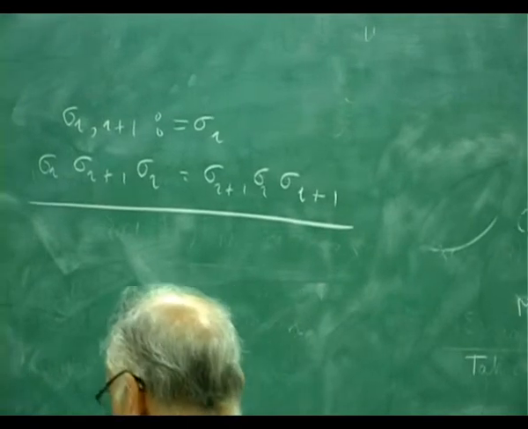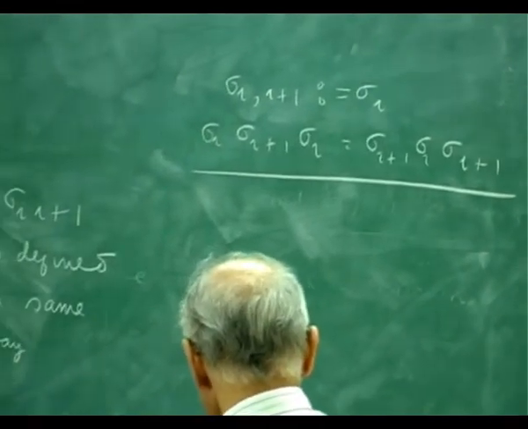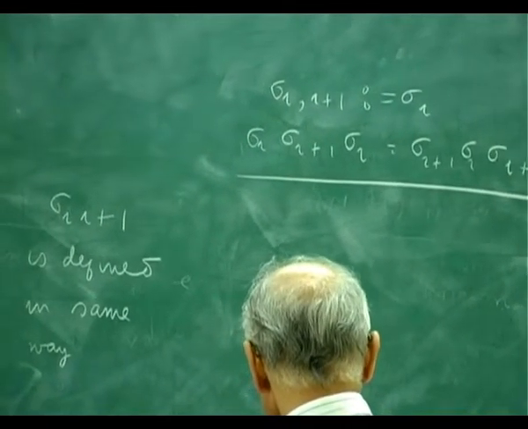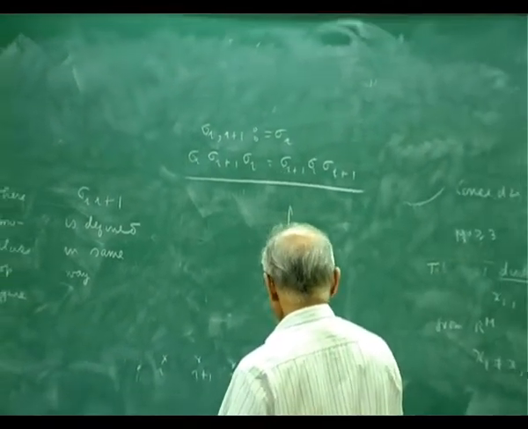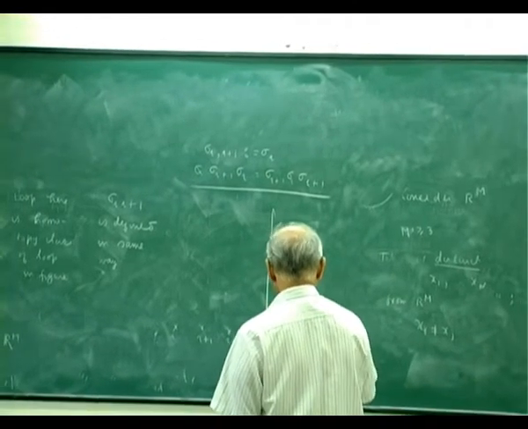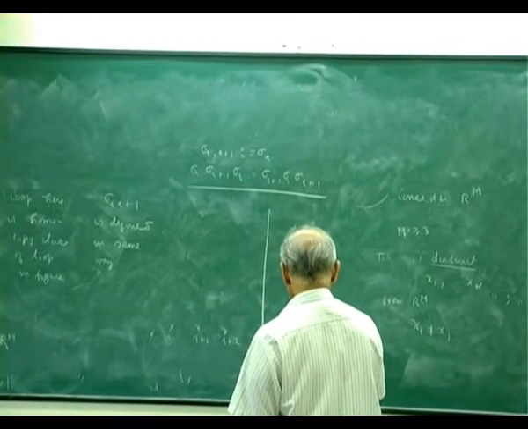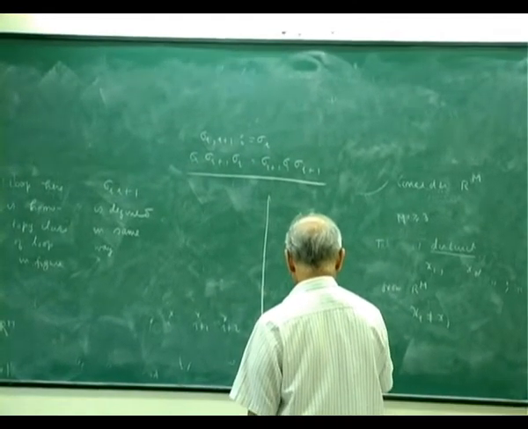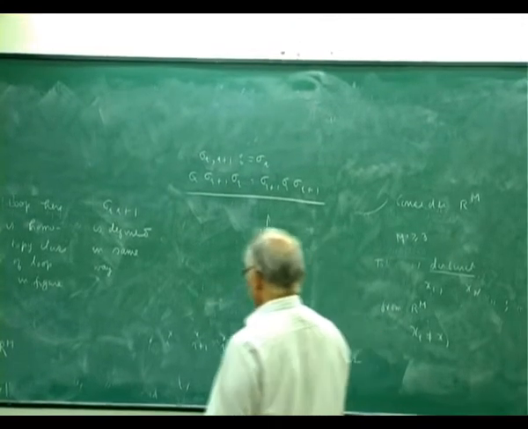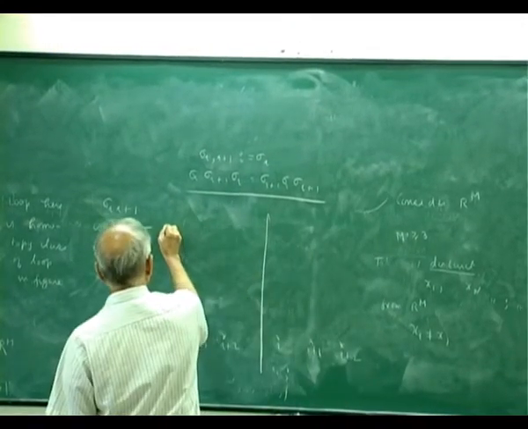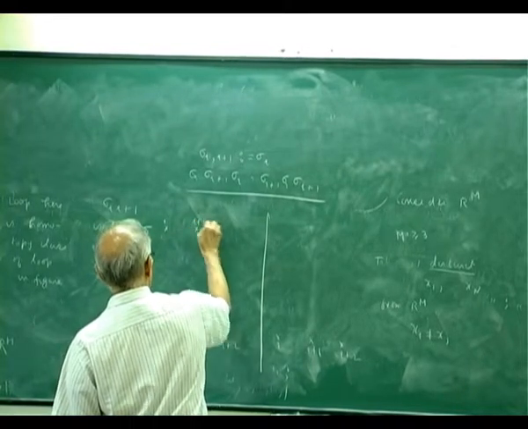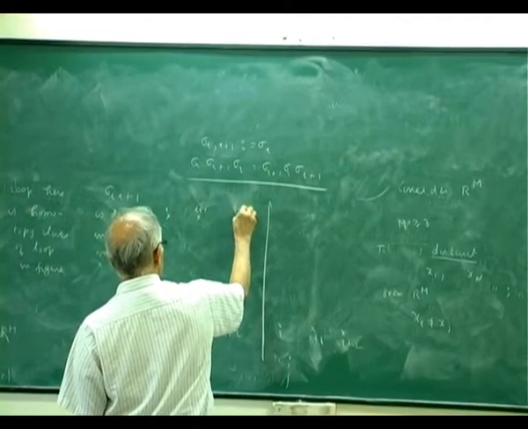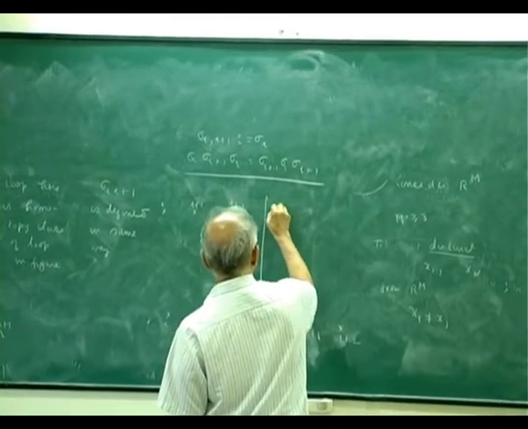So I take i plus 1, i plus 2, and I draw them side by side: i, i plus 1, i plus 2.